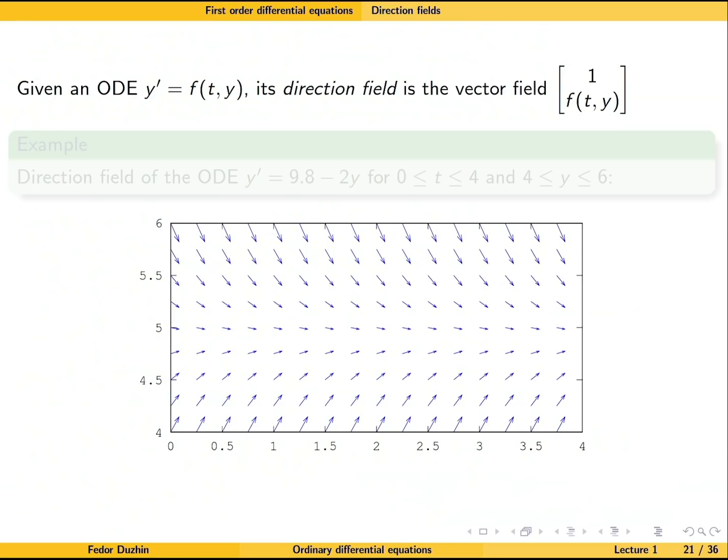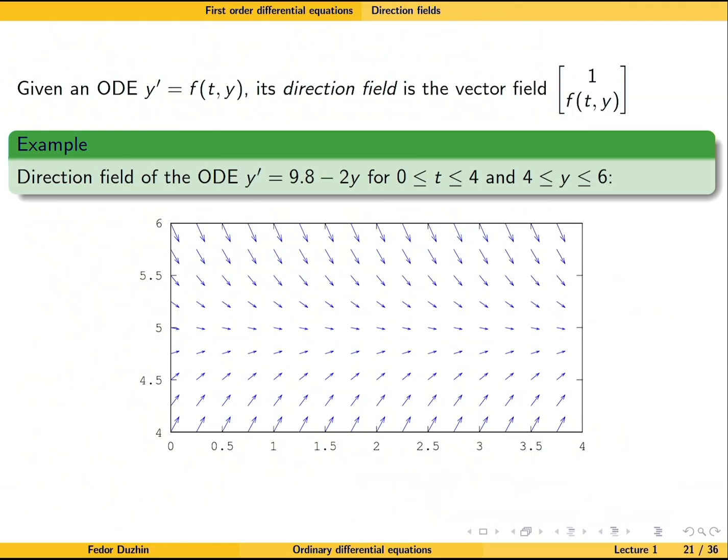Well, by definition, the direction field of an ordinary differential equation, y prime equals f of t, y, is the vector field whose first component is 1 and second component is f. Right? So if you still remember your calculus 3, we can also write it as i plus f j.